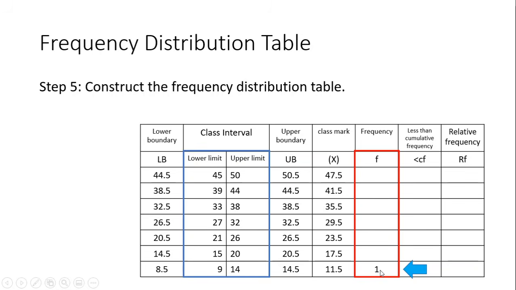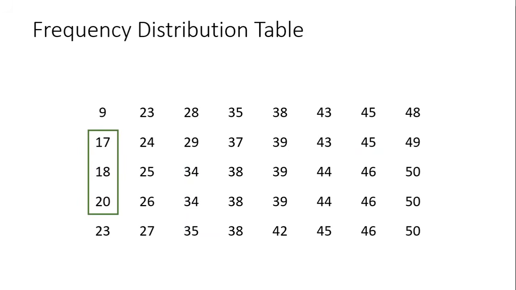Okay, so followed by the next range. So from 15 to 20. How many scores would fall within this range? So let's go back again to our data. So we are looking for numbers that would fall within the range of 15 to 20, correct?